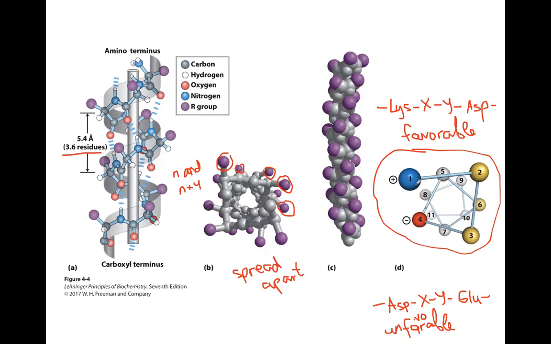So if you go n+7, amino acid 1 and 8 will be directly in close contact. Amino acids which are 3 and 4, this will be 3 amino acids away, this will be 4 amino acids away. So you look at those positions.